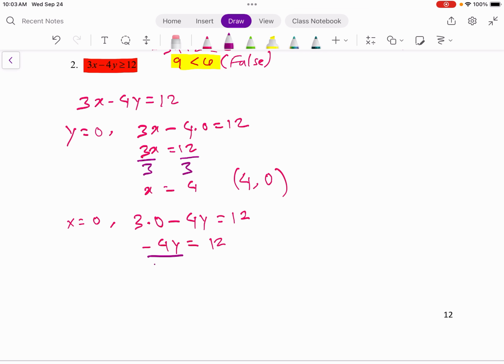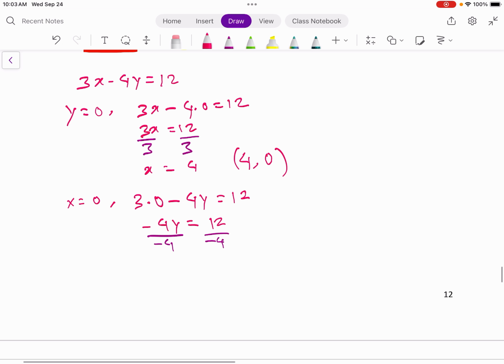Now we divide both sides by negative 4, and our y is negative 3. So you write down the x coordinate 0 first, then the y value negative 3. So we have these 2 points. Now we plot these 2 points on our Cartesian coordinate system and connect. We get a straight line, or we get a graph for this equation.